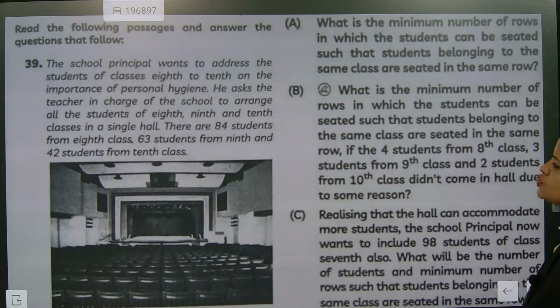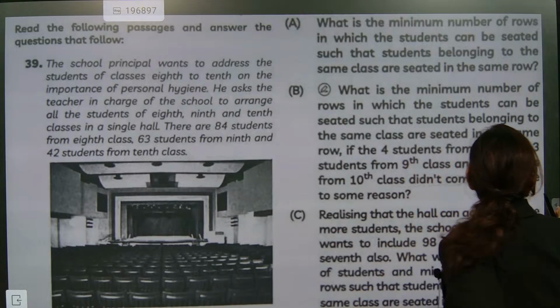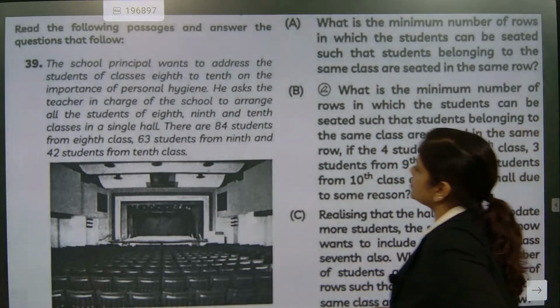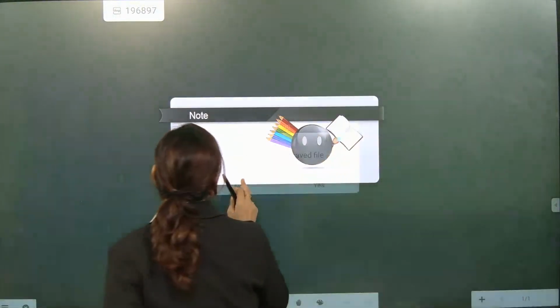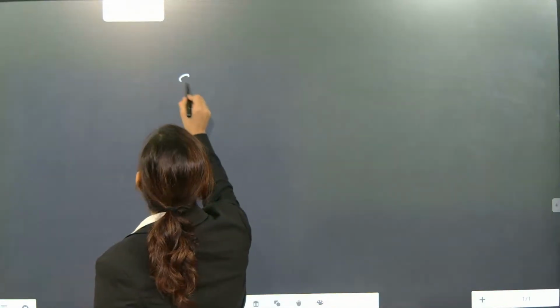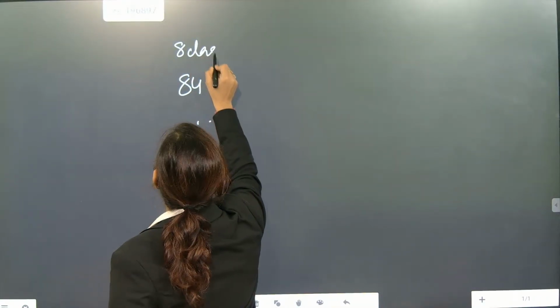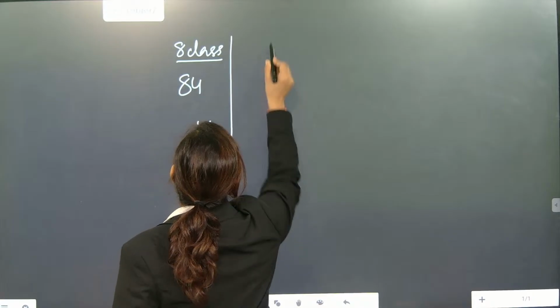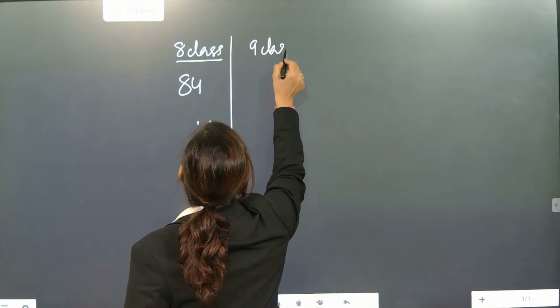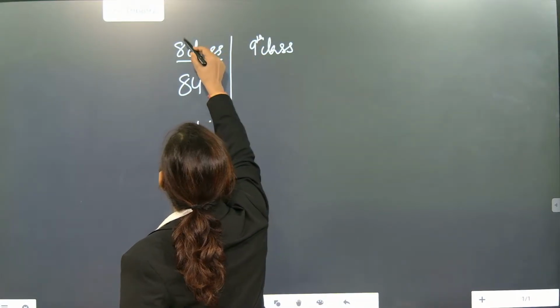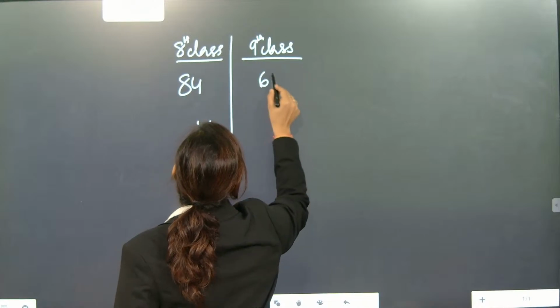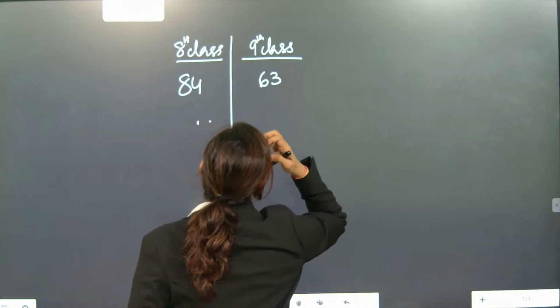First, 84 students in 8th class. Say that, 84 students in 8th class. How many students are there in 9th class? 63.